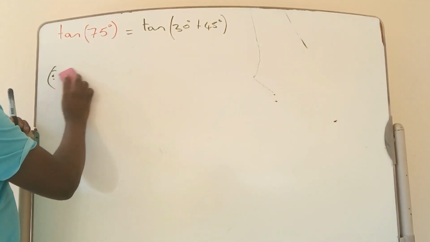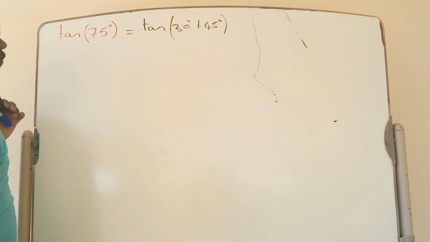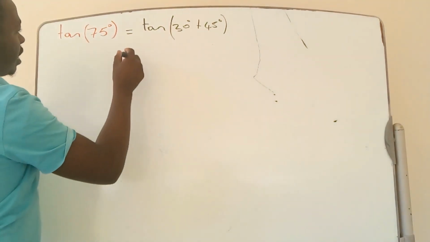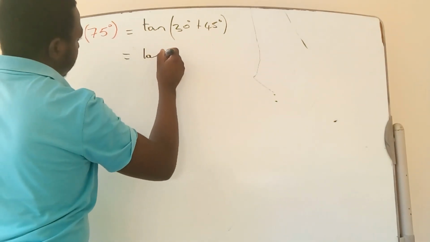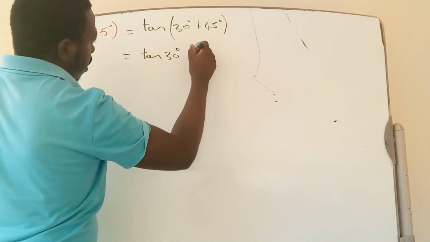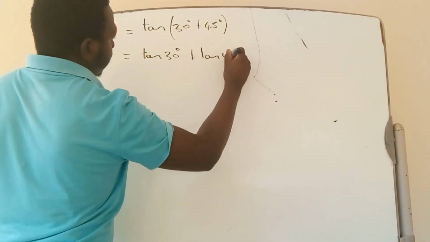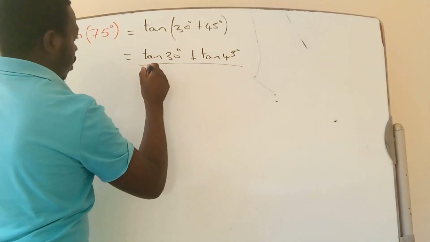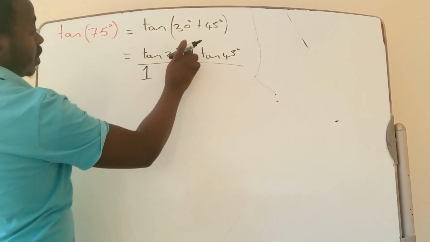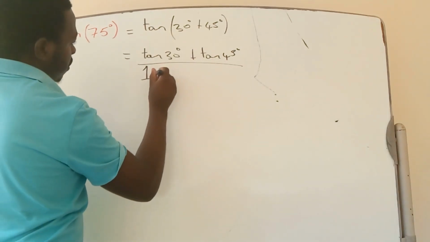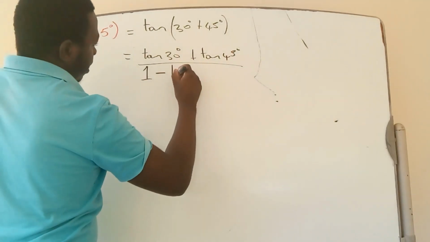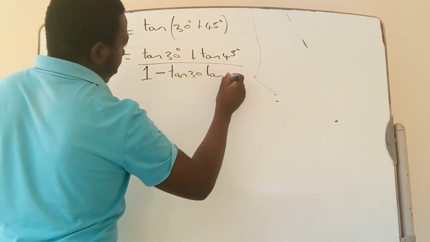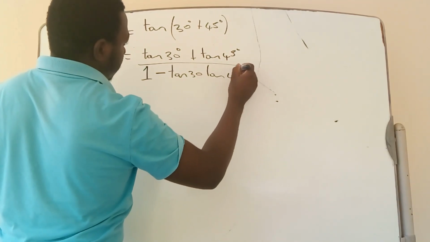Now I can use the sum formula for tangent to expand this, and then that would give me tangent of 30 degrees plus the tangent of 45 degrees, all of that divided by 1, because plus is here, obviously this is going to be minus tan of 30 degrees times tangent of 45 degrees, right?